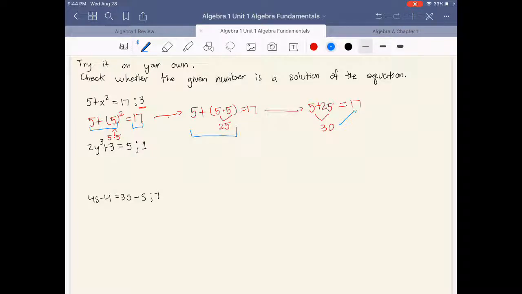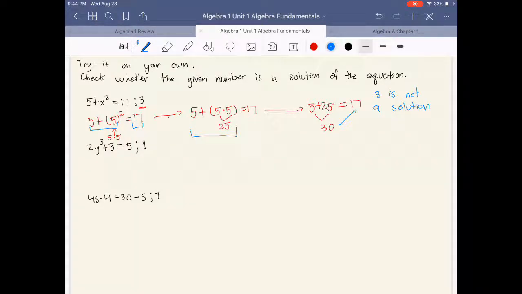No, it does not. So that means 3 is not a solution. Just say 3 is not a solution for this particular equation, 5 plus x squared equals 17.